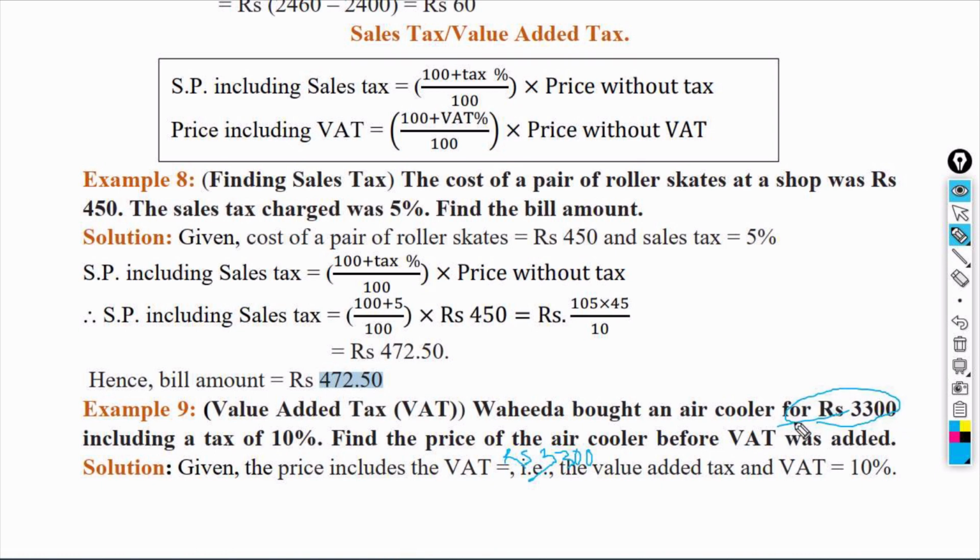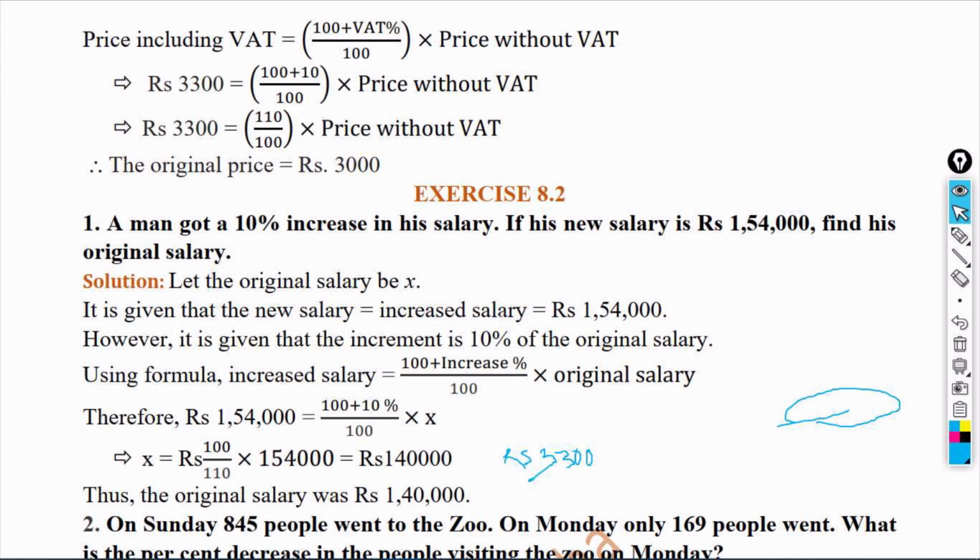Now, just take the formula: price including VAT equals 100 plus VAT percent divided by 100 into price without VAT. Put the values.